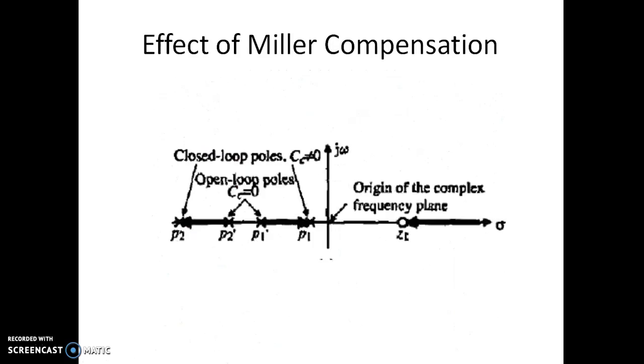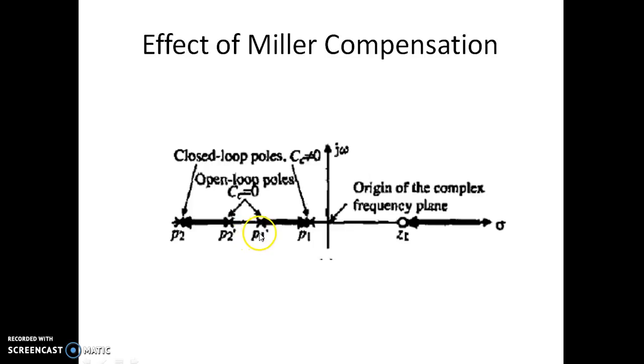Let us look at the effect of Miller compensation, which we already discussed. The pole which was at P1 dash will move towards P1, and the pole which was at P2 dash will now move to P2.